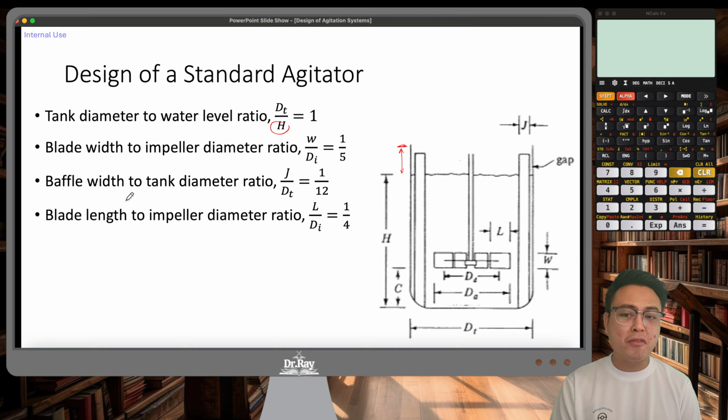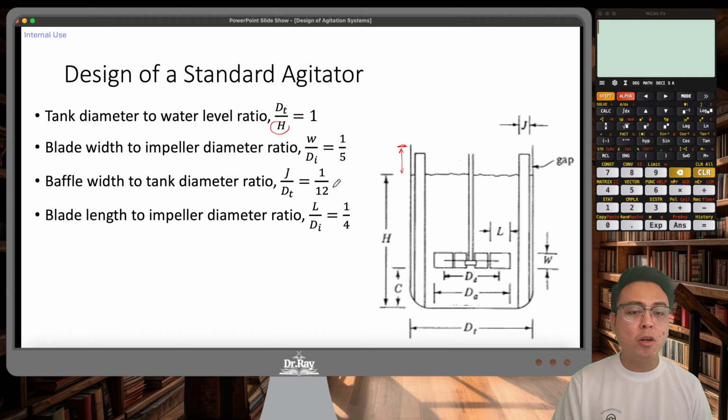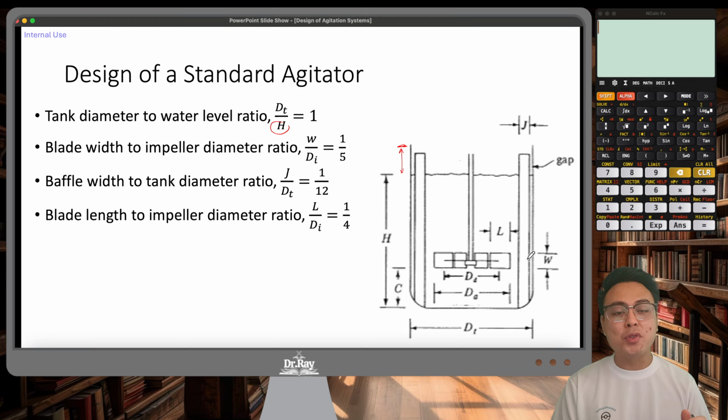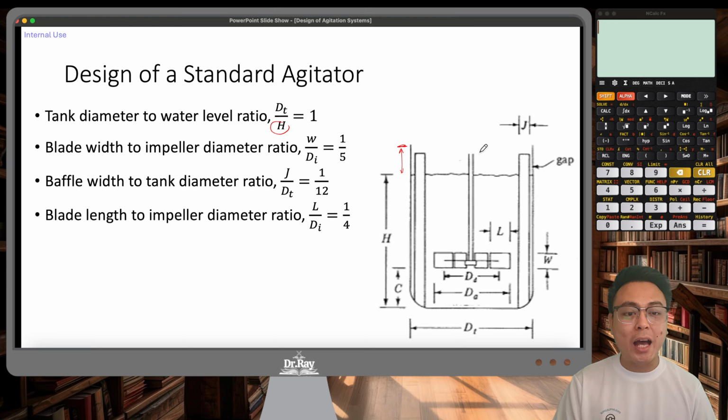Another parameter is the baffle width to tank diameter ratio. The baffle width we signify by the parameter J. That's the thickness of the baffle that we install. It's usually 1/12. Now you can somehow veer off from this established ratio, but the problem with providing a thicker baffle is that there is a chance that the impeller will collide with the baffles, and we don't want that happening because that will damage both the impeller and the motor.